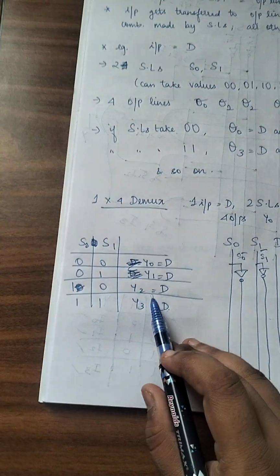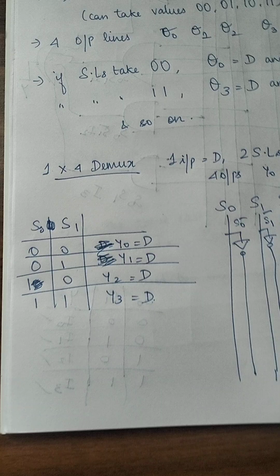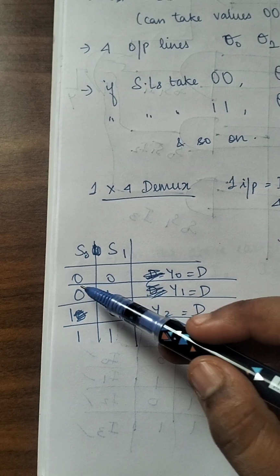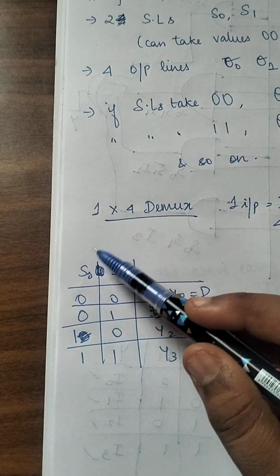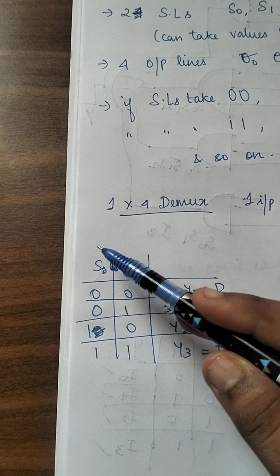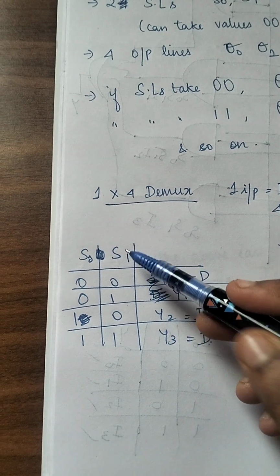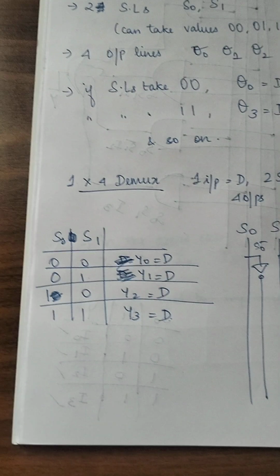Similarly for 0 1, 1 0 and 1 1. And how is this generally done? You go back to this truth table. Wherever you have a 0, you replace it with S0 complement, and wherever you have a 1, you replace it with S0. Similarly here, if you have a 0, you replace it with S1 complement. If you have a 1, we will replace it with S1.